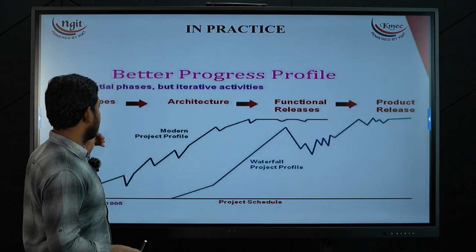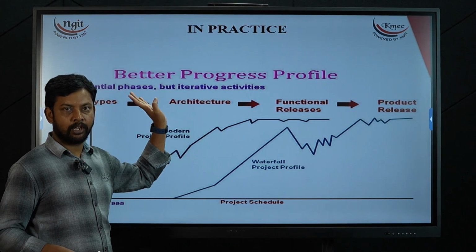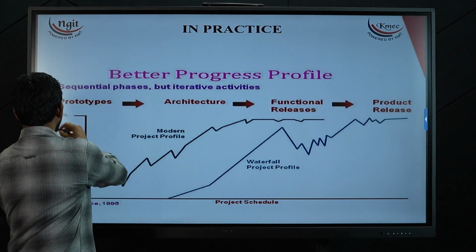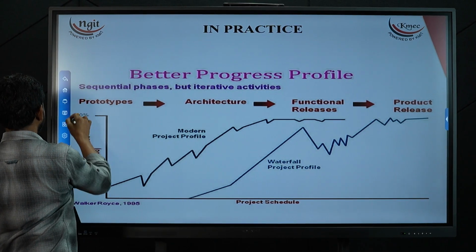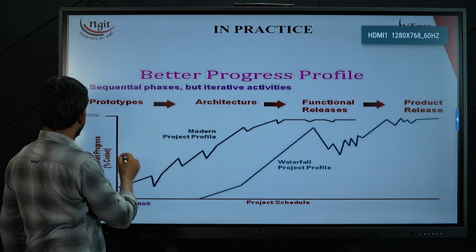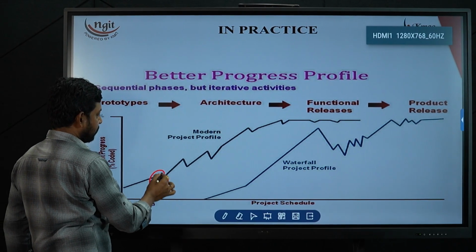But when you go with the iterative or modern project profile, it is going to analyze your risk. You can see that risk analysis is done at each and every phase, so your risk is identified at each phase.